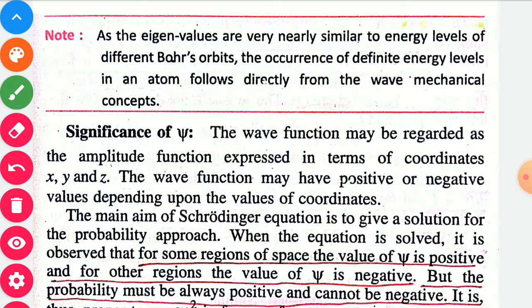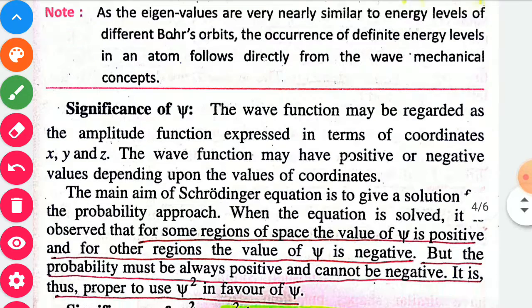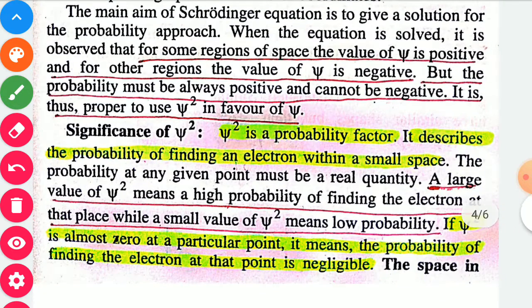Means the value of psi may be positive or negative, but the value of probability is always found to be positive and cannot be negative. It is thus proper to use psi square in favor of psi. Means if we are going to find the probability of finding an electron in three-dimensional space, at that time we use the term psi square in favor of psi.